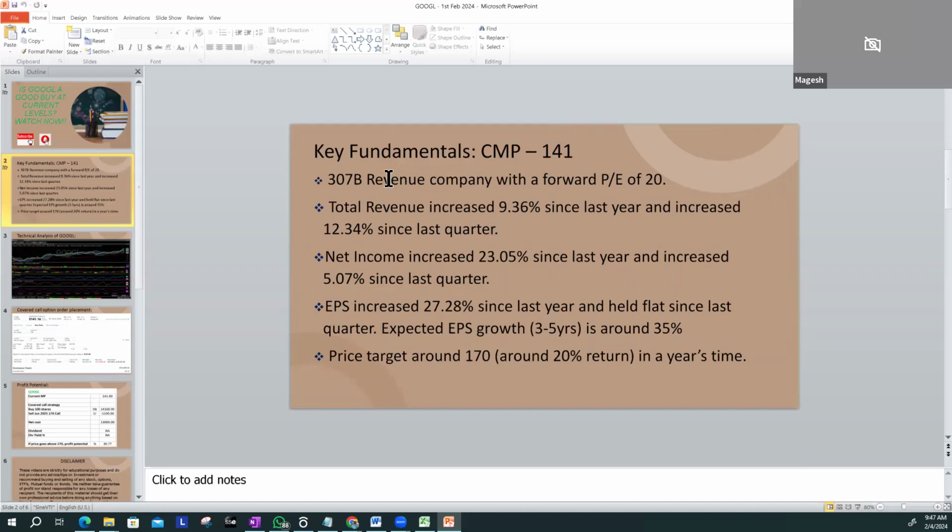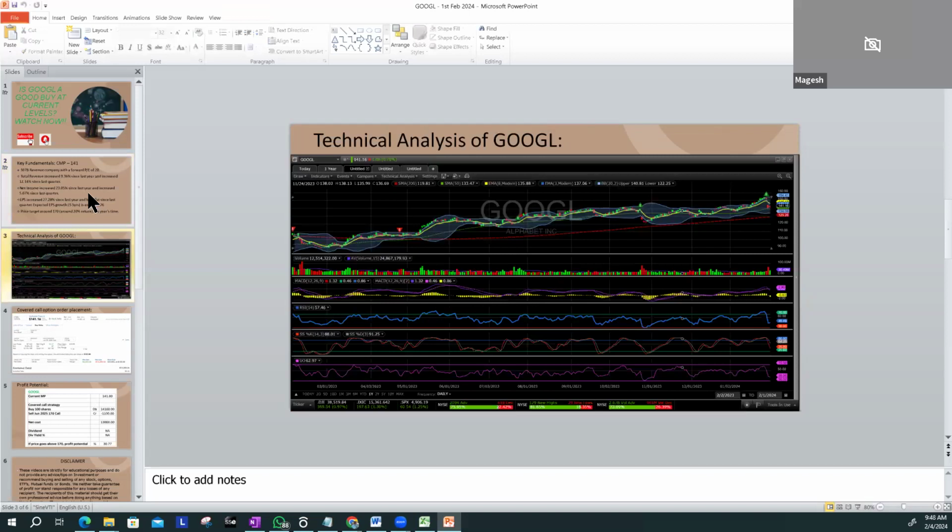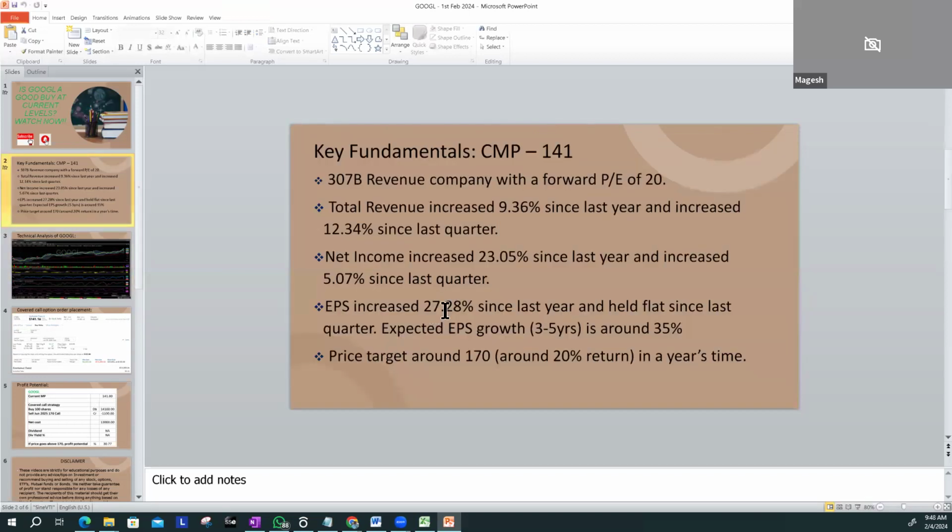A big company like this increasing at this level is amazing. Net income increased 23% since last year and increased 5.07% since last quarter. EPS increased 27.28% since last year. Maybe some layoffs also would have helped them in the bottom line, and held flat since last quarter.